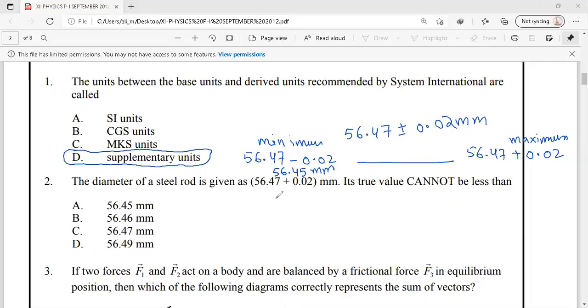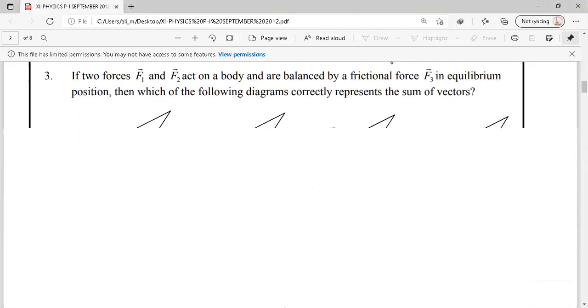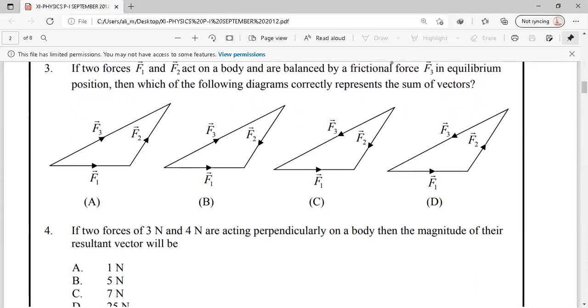So 56.45 is the minimum measurement, while 56.49 millimeters would be the maximum value of that diameter of that steel rod. So option A is the right answer. Let's come to our next question, that is question number 3 and 4.